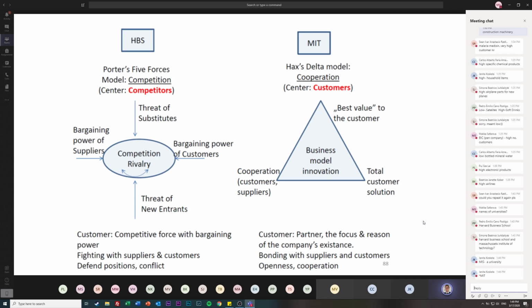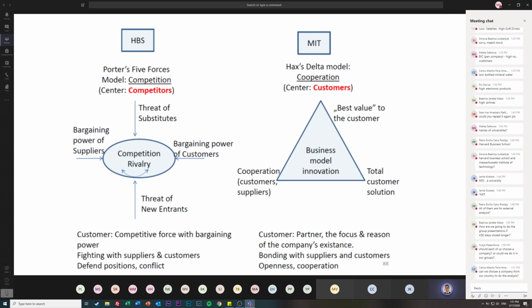Beatrice is asking, how are we going to do the group presentation if the VSE stays closed longer? I understand that it's a complication, but you're going to do the presentation as a group and upload it to the system without a live presentation. Just do the PPT slides and upload them, but without a physical presentation.